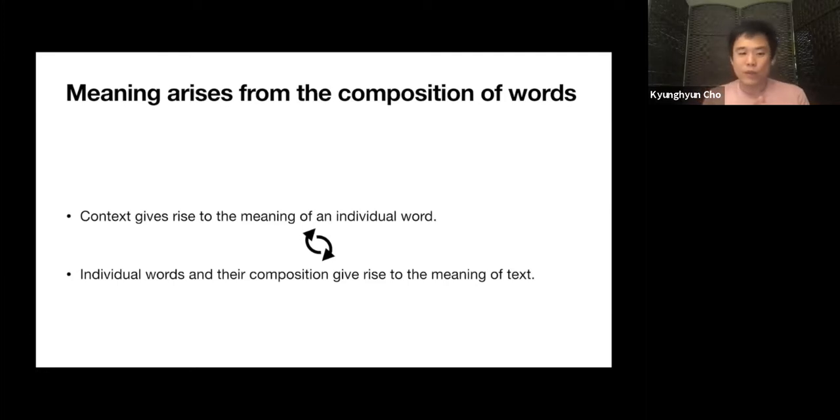The other side turned out to be that by looking at a sequence of individual words, that is the text, and how these individual words are composed, we can now tell the meaning of the text itself. So it's two sides of the same coin, and we're going to look at the other side in part 3.